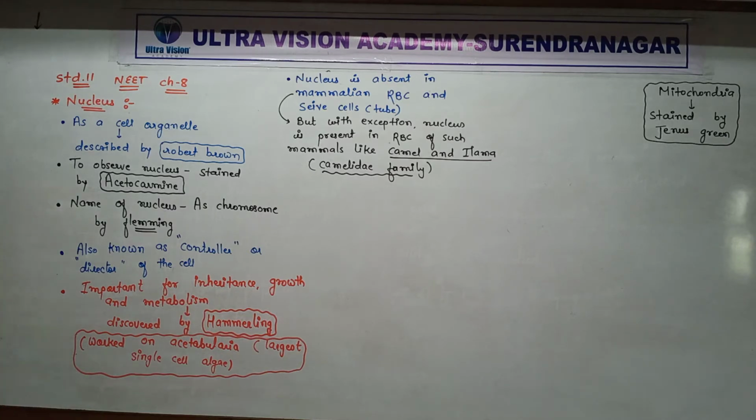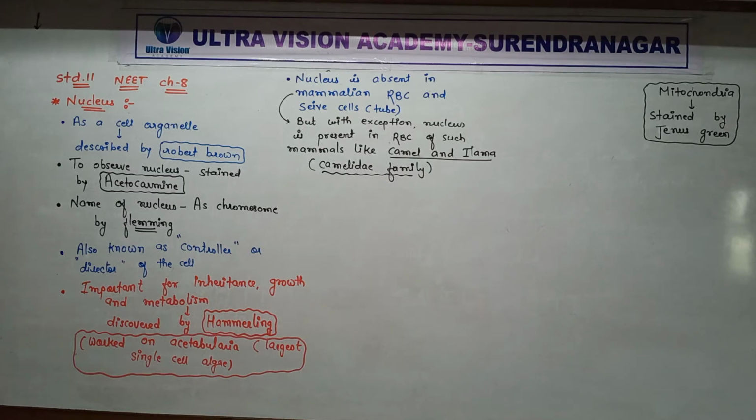Nucleus is generally absent in the mammalian RBC and in the sieve cells or sieve tube, which are part of the phloem. But with the exception, the nucleus is present in the RBC of mammals like camel and llama.